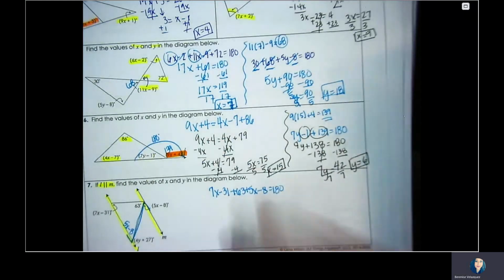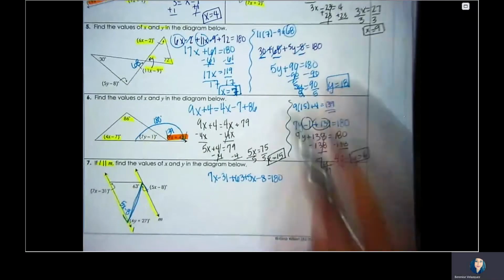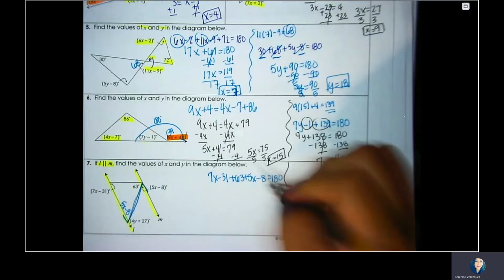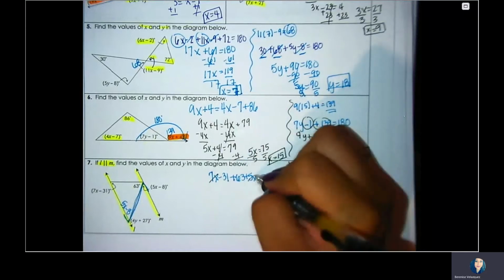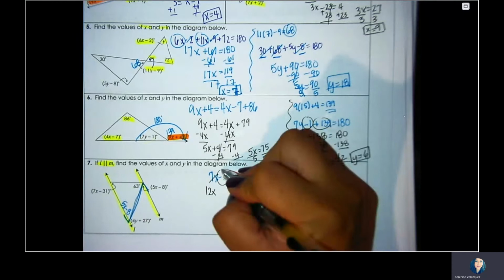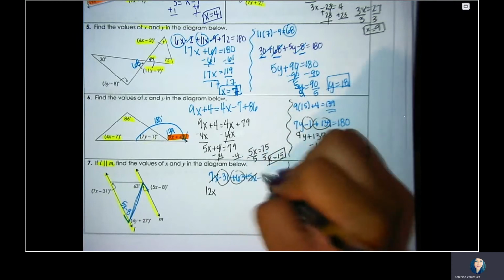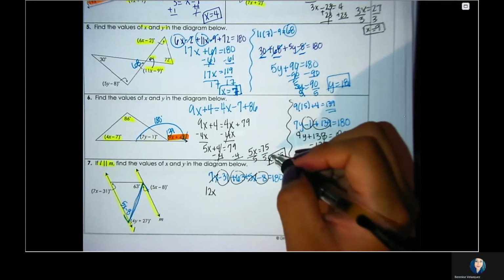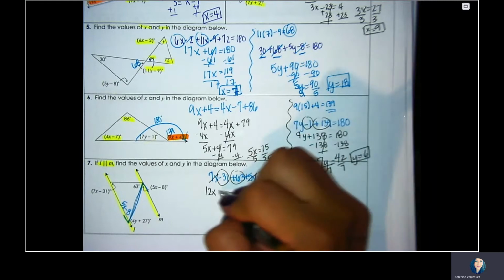Okay, I'm going to combine my like terms, get my answer. So 7 and 5 make 12x. Negative 31, positive 63, minus 8 is going to be positive 24.